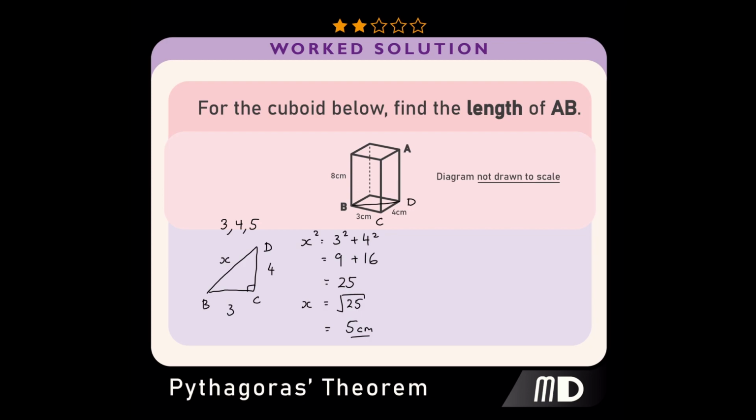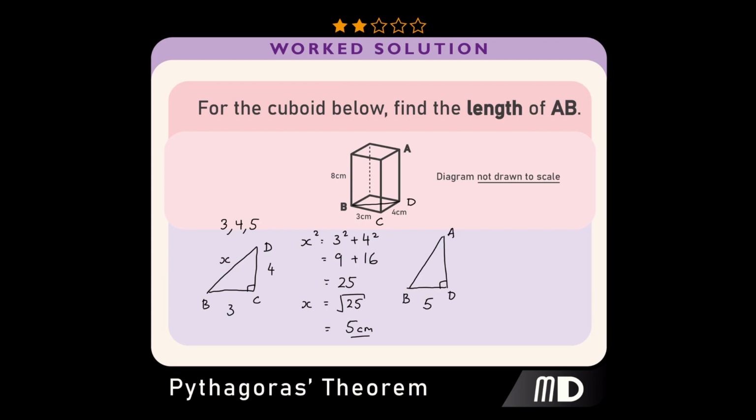Now I'm going to draw another right angle triangle so I can calculate AB. So this corner is B, this one is D, and the top corner is A. BD is 5, and I've just calculated that.